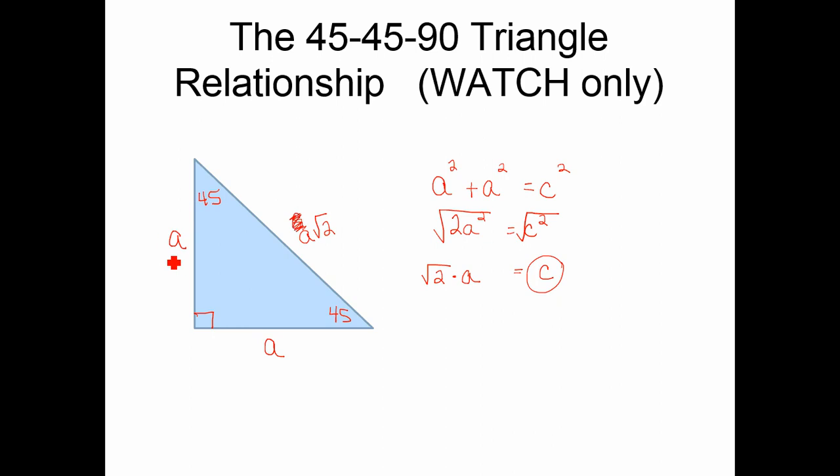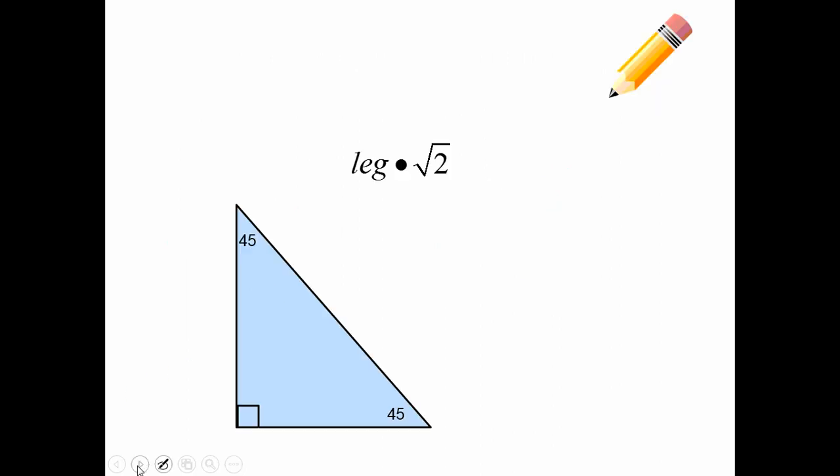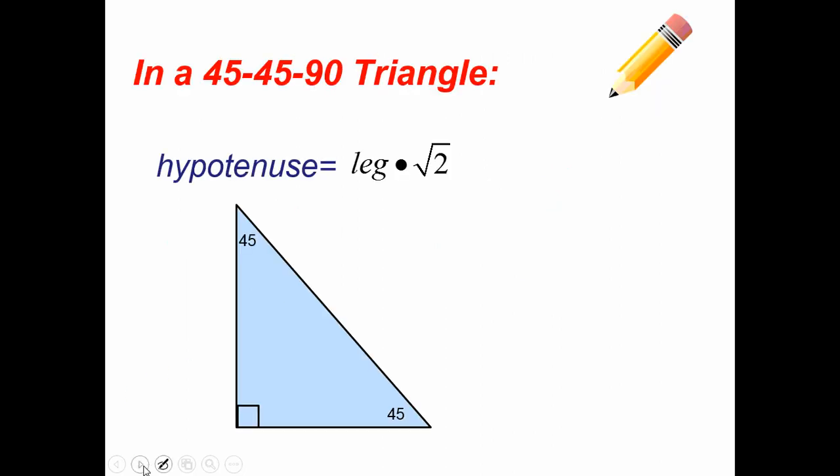So whatever the legs are, the hypotenuse is going to be the leg times the square root of 2. So if the legs are 6, the hypotenuse is 6 times the square root of 2, or 6 square roots of 2. So understanding that relationship, let's go ahead and get that part in your notes. So in a 45, 45, 90-degree triangle, the hypotenuse will always equal the leg times the square root of 2.